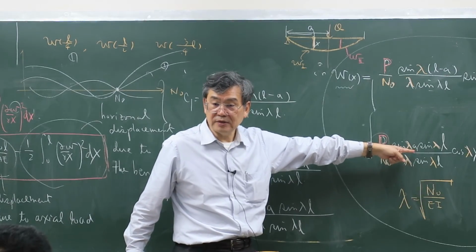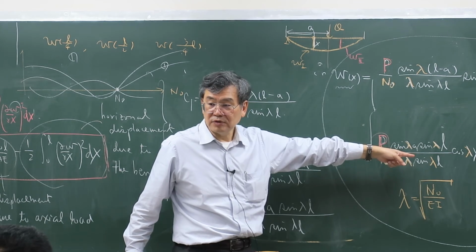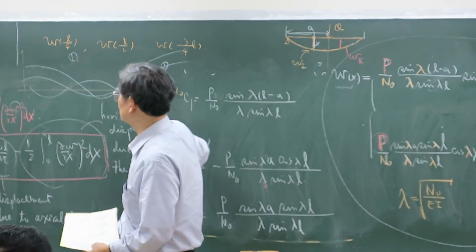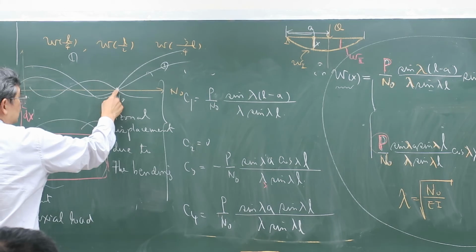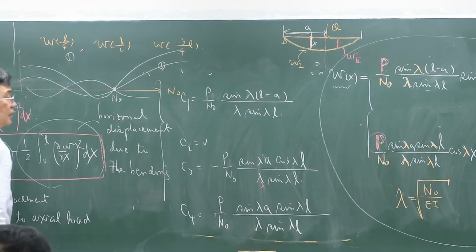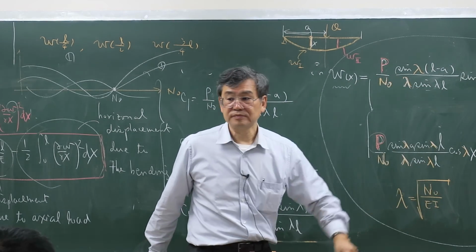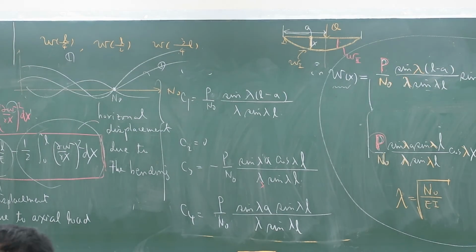P I know, lambda I know. But I don't know N0. But I can plot the nonlinear function here, and this is a solution that satisfies this equation. This minus this equals 0. Yeah, why not? We can try.